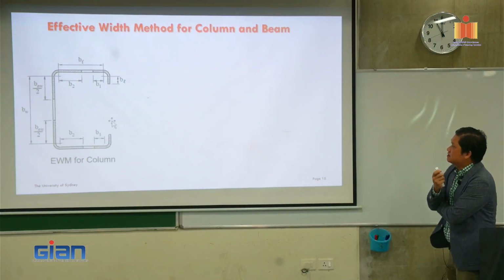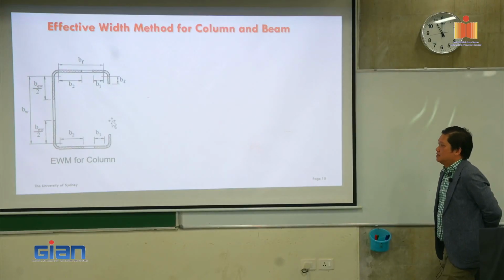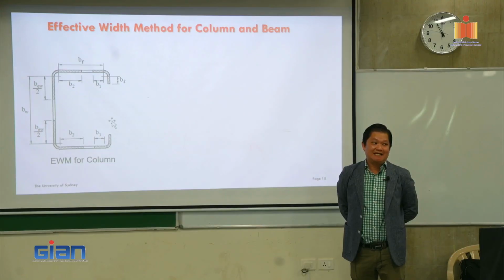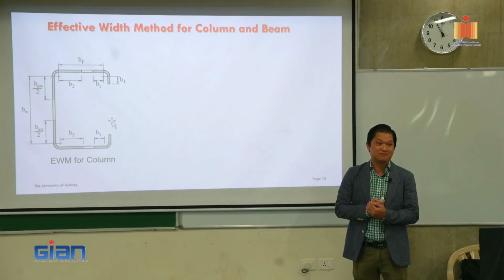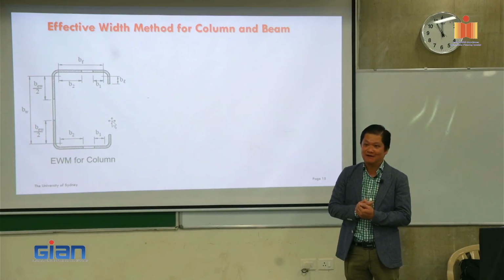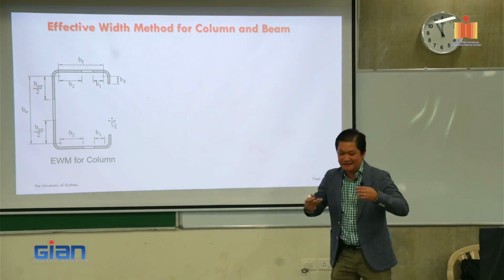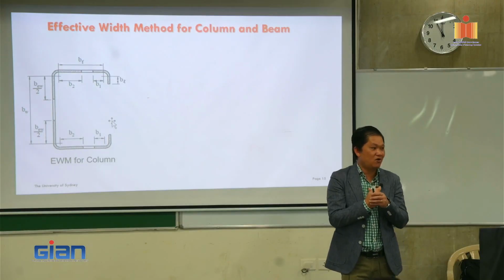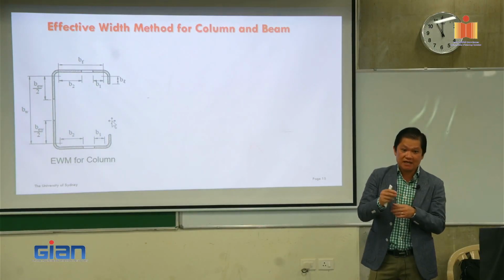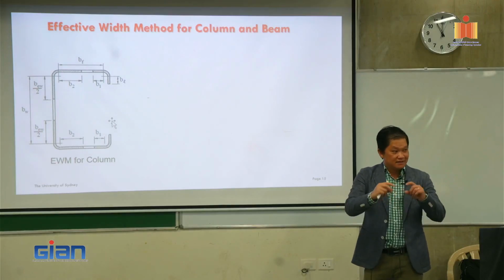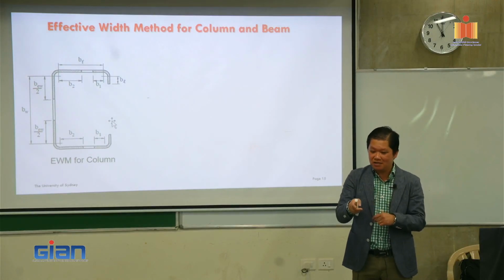Now I start to walk you through the design of columns based on the effective width method. Right, so there will be a lot of equations, but if you miss any equation, you can always look back in the standard. There's an equation number, so you should look at that.